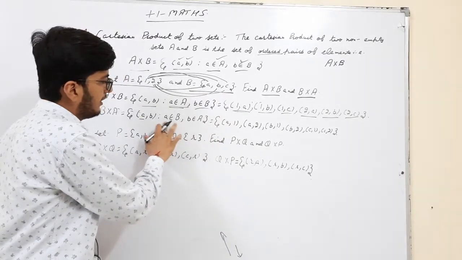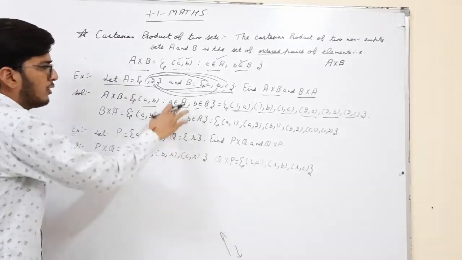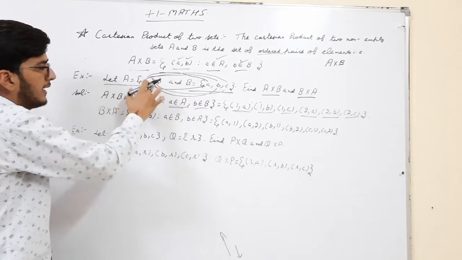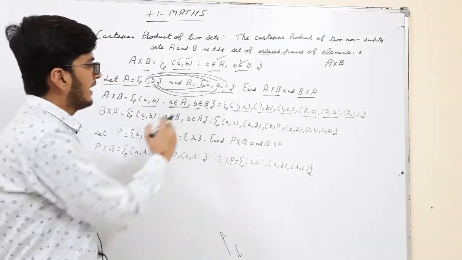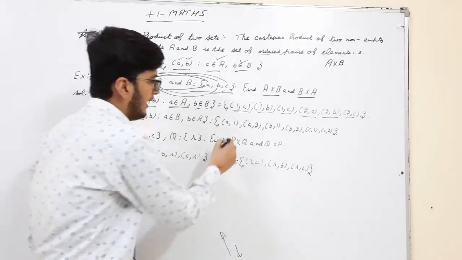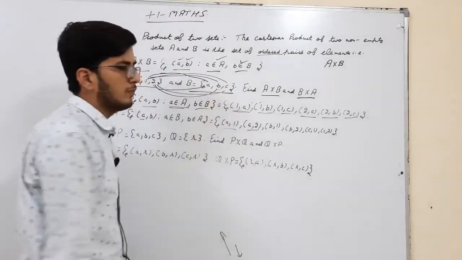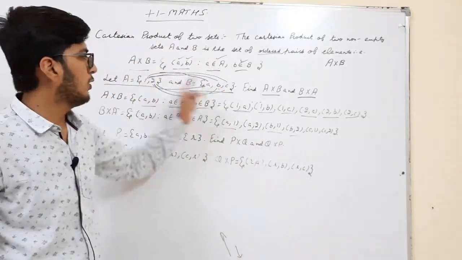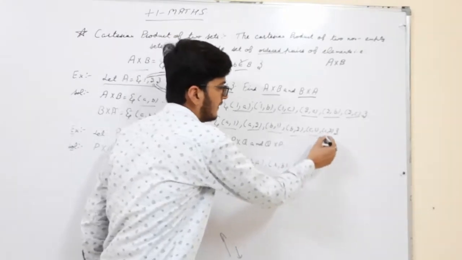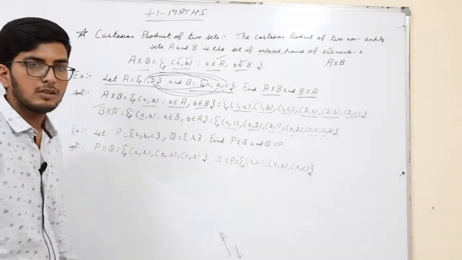So now a belongs to B and b belongs to A. If a belongs to B, that means a will be paired with each element of A. That means a will be paired with 1, a will be paired with 2. So we will have two elements (a, 1), (a, 2). Next, b will also be paired with both the elements: (b, 1), (b, 2). c will also be paired with both: (c, 1) and (c, 2). Right? So this is our set B cross A.